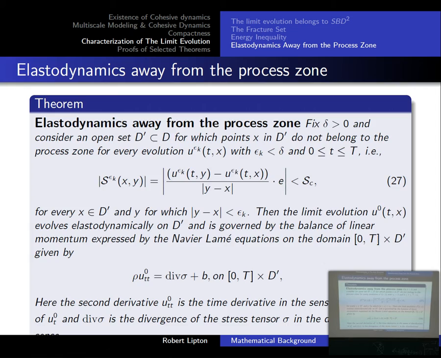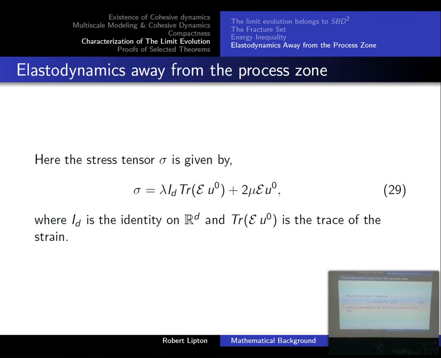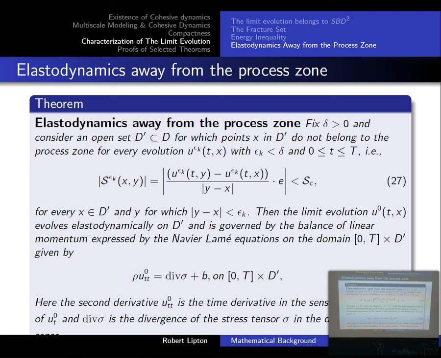And the stress tensor is given by the shape change, which is the trace of the absolutely continuous part of the symmetrized gradient, which in this case is defined everywhere, or almost everywhere again. And in this case, this is the volume change, and this is the shape change. Okay, so we actually have that away from the fracture set, we have the classic wave equation.